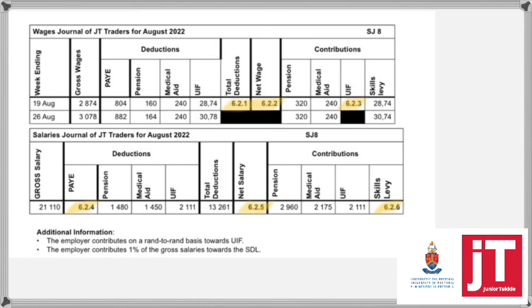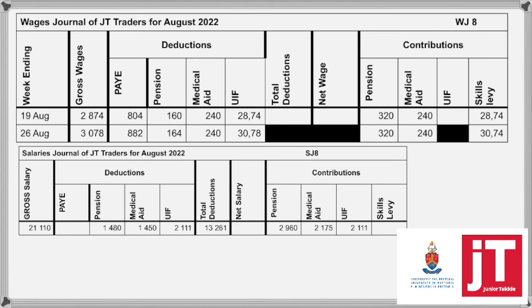Then 6.2 asks us to complete the missing figures in the wages and the salaries journal. We get 6.2.1 to 6.2.6, and they say the employer contributes on a rand-to-rand basis for UIF, and the employer contributes 1% of the gross salary to SDL. In the wages journal, the missing figure is total deductions.